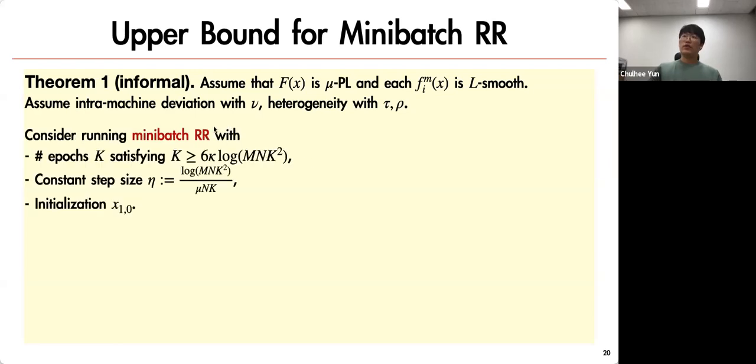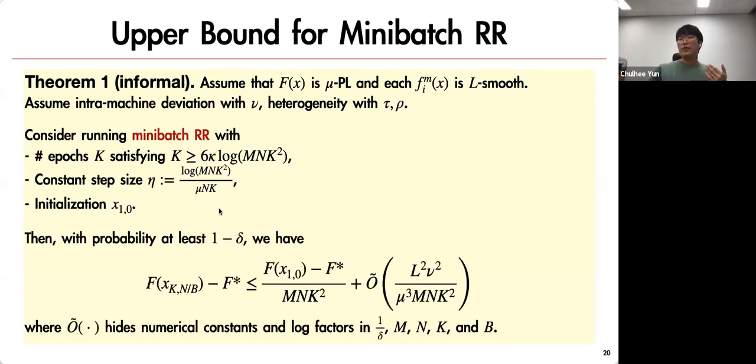So if you consider running this random reshuffling algorithm with the number of epochs k satisfying this inequality, so k has to be large enough, at least on the order of kappa, and we choose this constant step size this way, then with high probability we have this convergence bound.